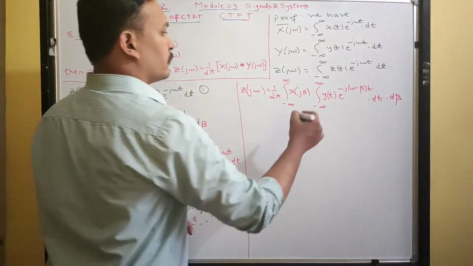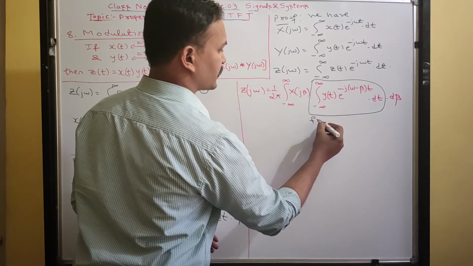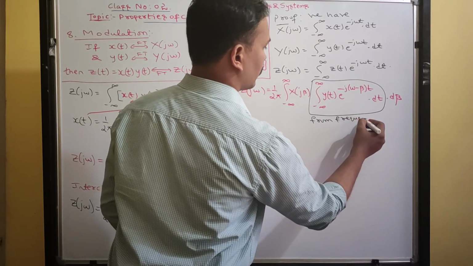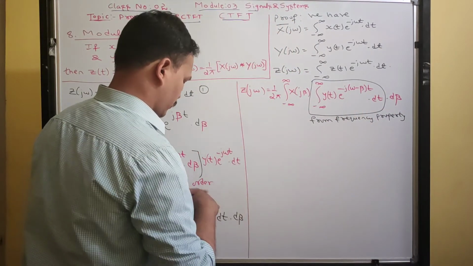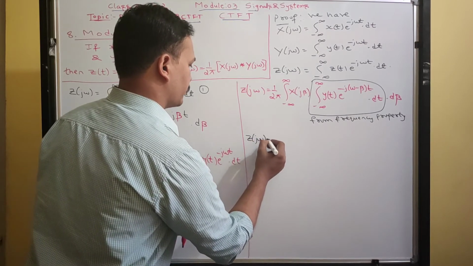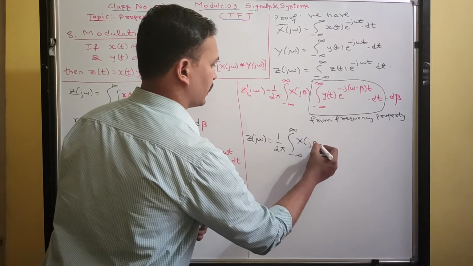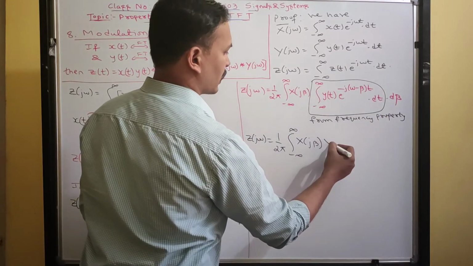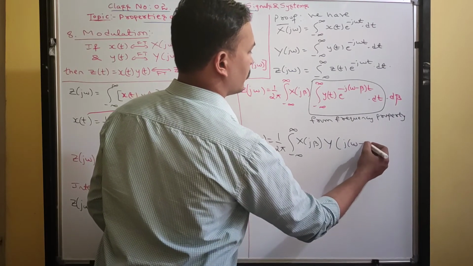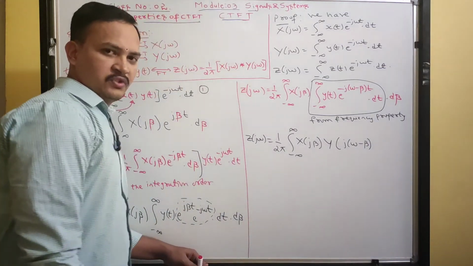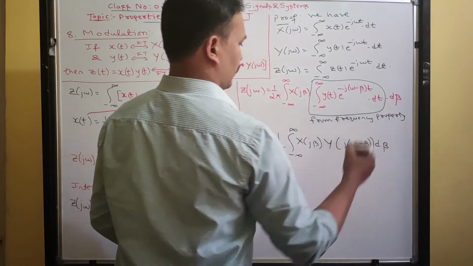Now from the frequency shift property, we can write z of j omega equals 1 upon 2 pi integral minus infinity to infinity x of j beta into, this whole thing will become y of j omega minus beta, into d beta.